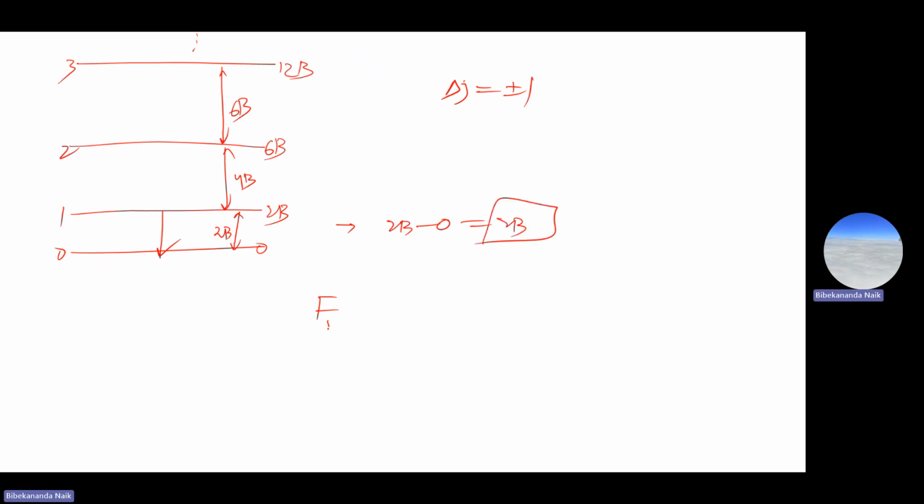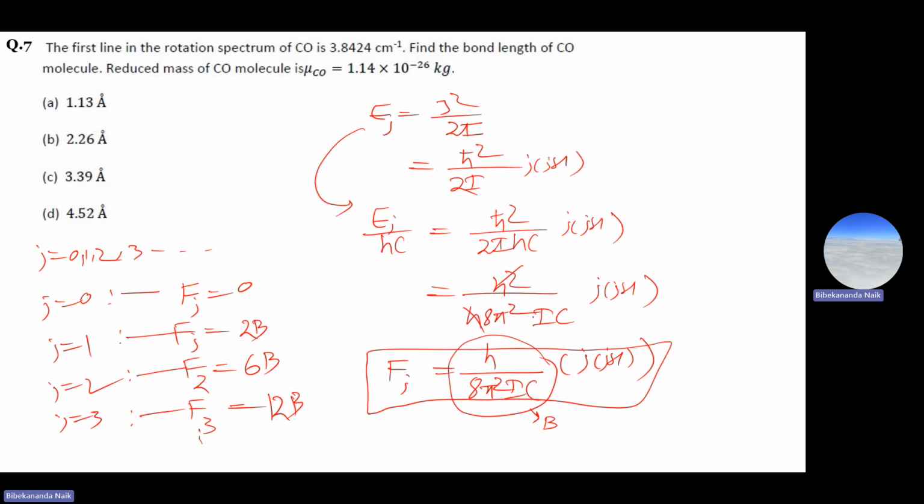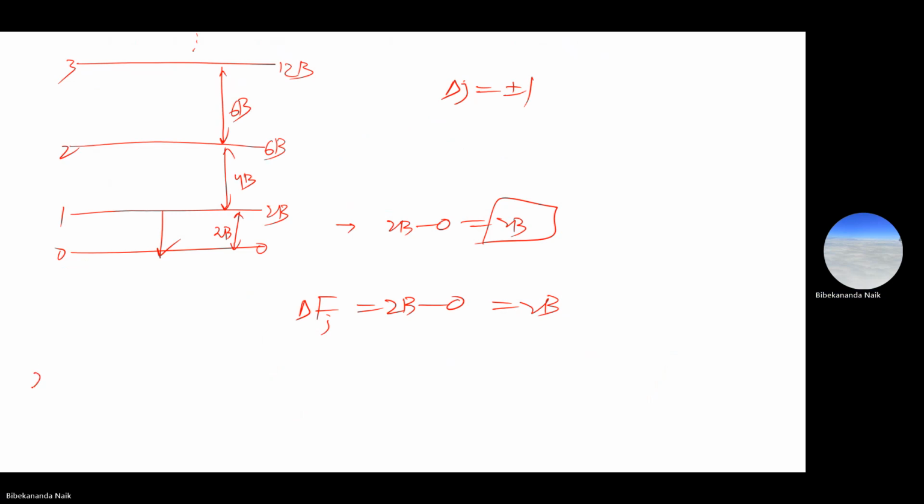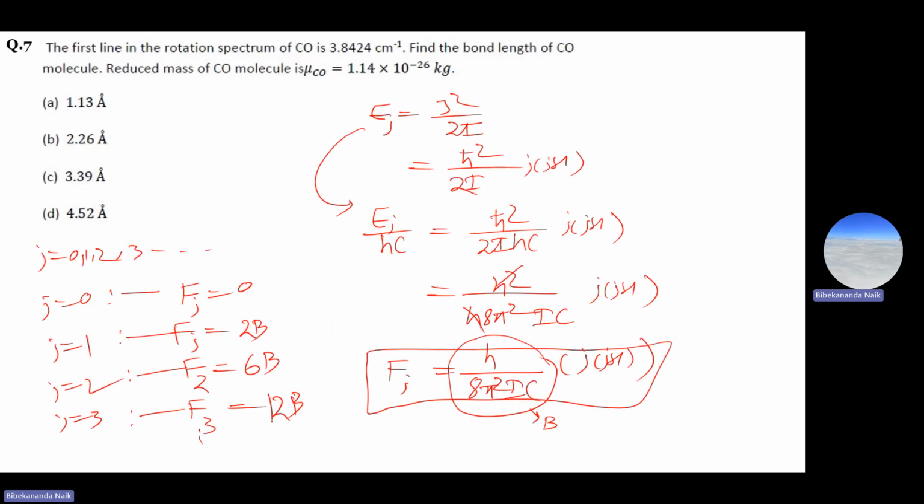So delta F_J is 2B minus 0, which is 2B. Now this 2B is given. 2B is 3.8424 centimeter inverse. So B is 1.9212 centimeter inverse. The value of B, again, we know, is h by 8 pi square I c.